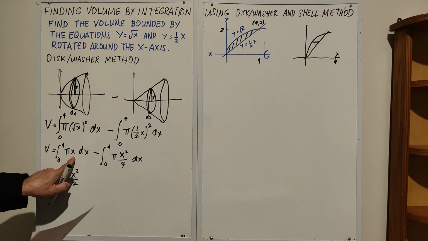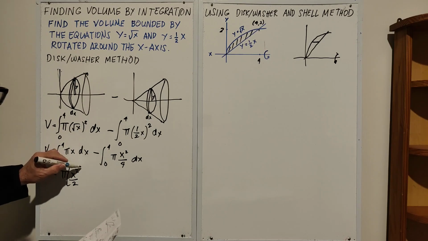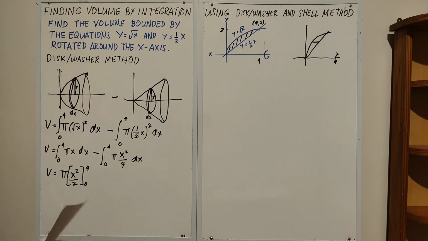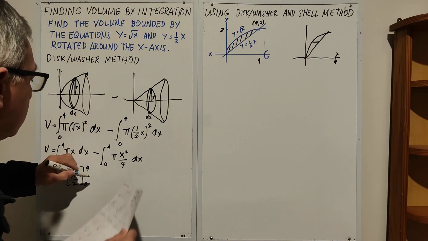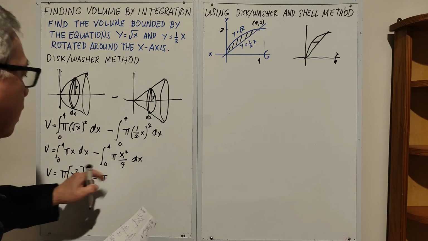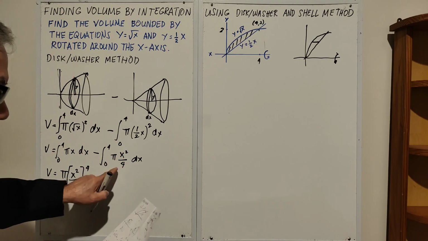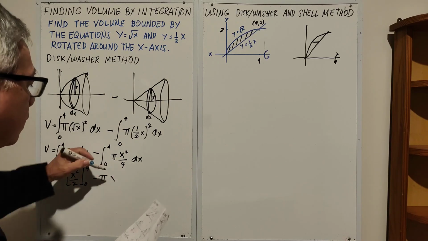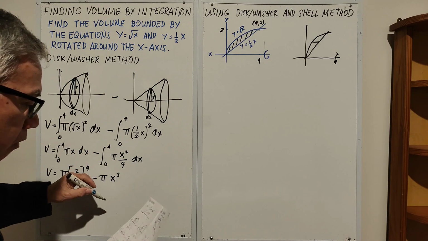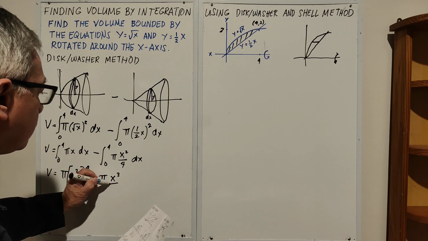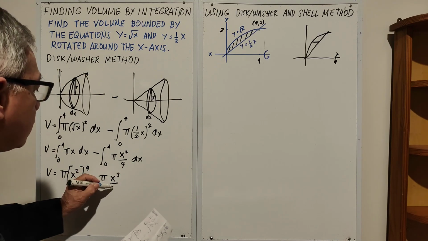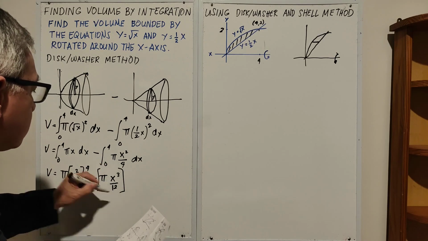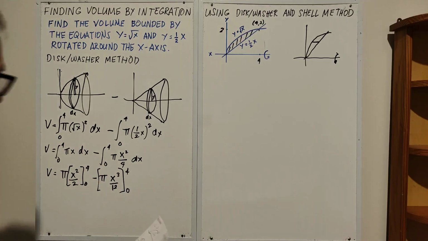That's your integration of x, and then we evaluate it from 0 to 4. The same thing goes in this one. We separate pi. If we integrate x squared over 4, it becomes x cubed over 12, since 4 times 3 will be 12. Then we evaluate it from 0 to 4.